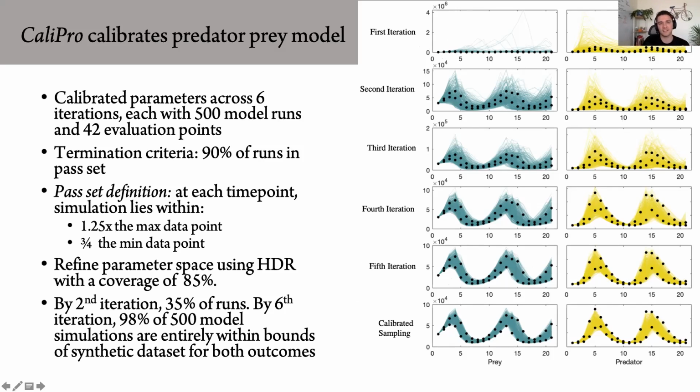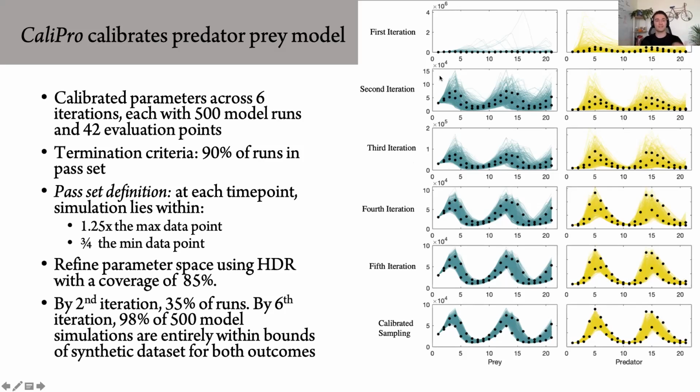But importantly, depending on the context, a modeler might be satisfied stopping at the second, third, or fourth iteration and not going all the way down to having 98% of the model simulations within our calibrated parameter space fitting this experimental data. Depending on the question at hand and how much you trust the biological data, you might stop at the second or third iteration because you can see you're capturing the temporal dynamics.